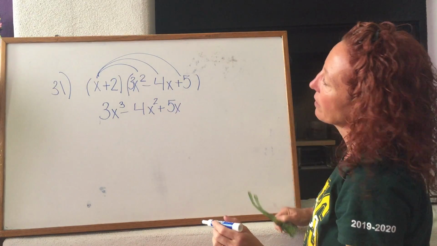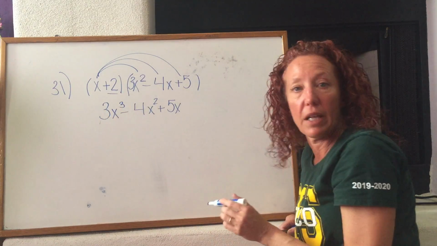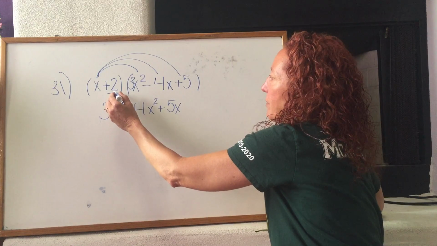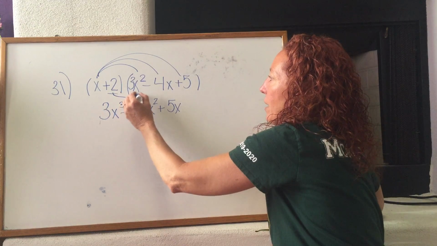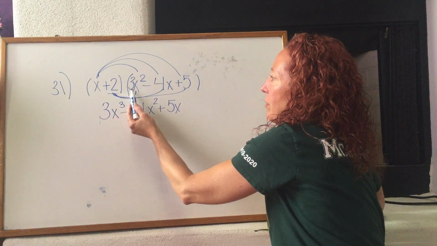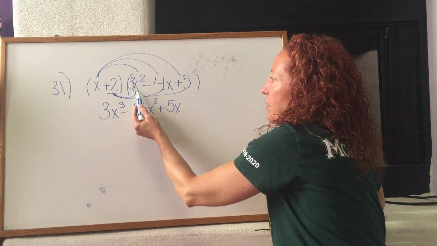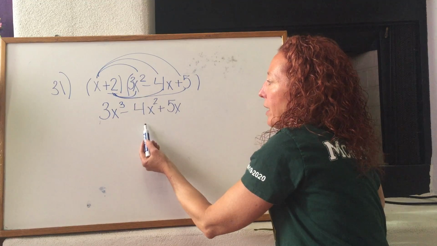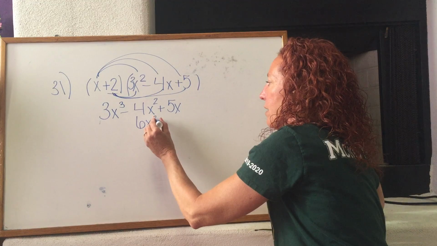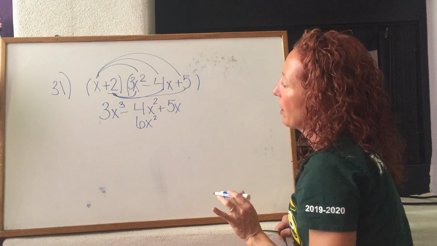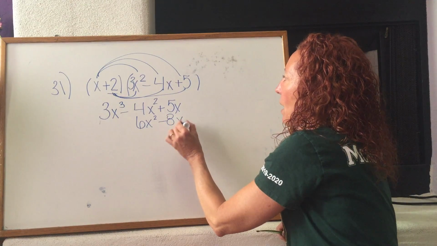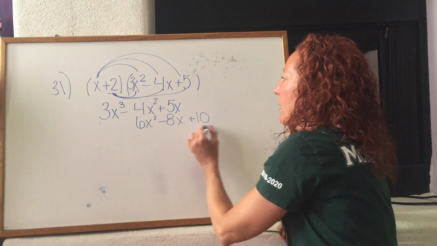And now I'm going to do the same thing, but I'm going to multiply everybody through by positive 2. When I distribute that positive 2, I'm going to get 2 times 3, which is 6, and then the x squared. So I'm going to put it right here so that my variable and my exponents all line up. So positive 6x squared minus 8x plus 10.